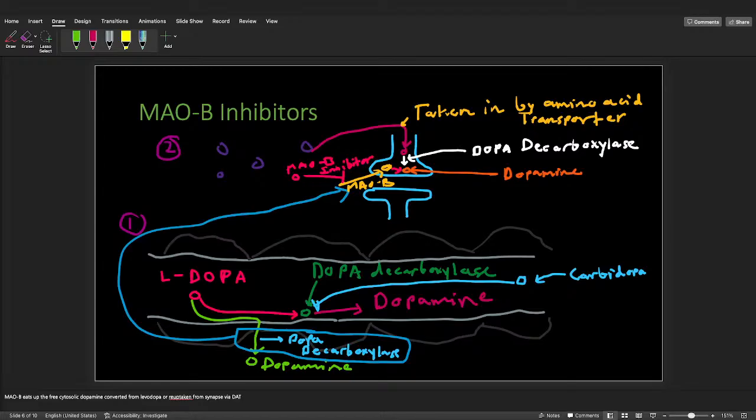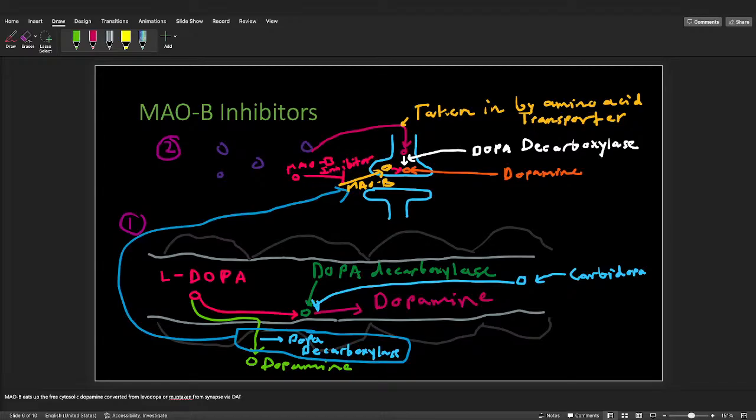So you're going to see here that it is going to actually break down or eat up the free cytosolic dopamine that's converted from levodopa or reuptaken from a synapse via the dopamine transporters. So you can see here, you got some dopamine that's going to be in the vesicles, via the VMAT, and then you have those other dopamine particles that are free in the cytosolic area of the neuron.